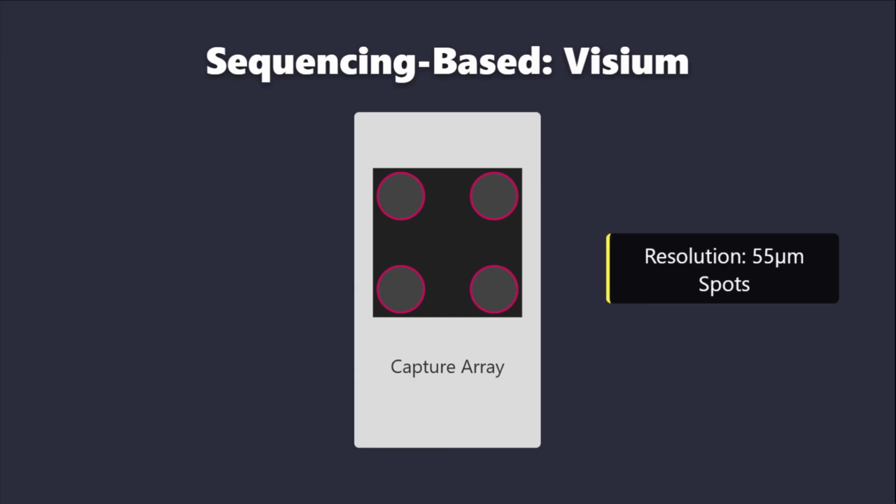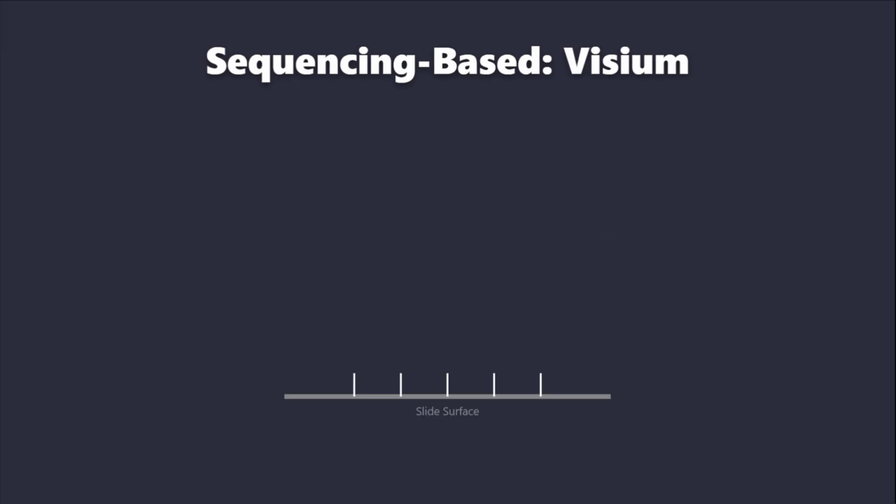Conversely, imaging-based methods, including multiplexed error-robust fluorescence in situ hybridization and sequential fluorescence in situ hybridization, utilize sequential hybridization and fluorescence microscopy. These techniques visualize and identify individual transcripts directly in situ, achieving true single-molecule resolution, but they are generally limited to targeting a predefined panel of genes.